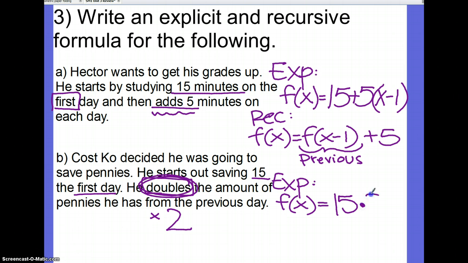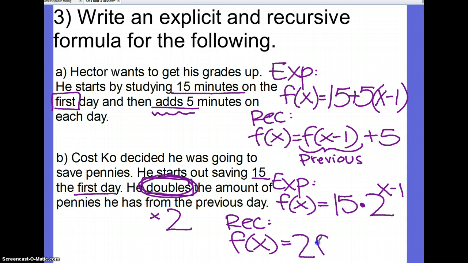I'm multiplying by 2, and therefore I have to have an exponent of x minus 1. Recursive, f(x), I can put multiplying by 2 in the front, or I could put it at the end. So your yellow card, though, has the 2 in front, and then just f(x minus 1). So you're taking the previous day and multiplying by 2.